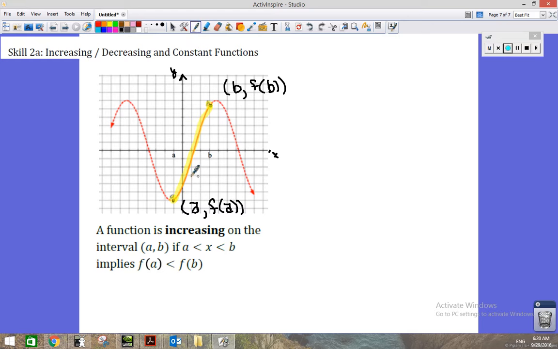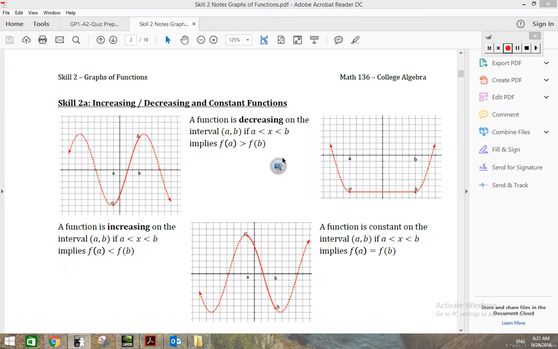Like I say, as you move to the right, as x increases to stay on the graph, you have to go up, y increases. So it takes time and effort to understand mathematical definitions. And it's worth it. The better you understand it, the easier the later problems will become.